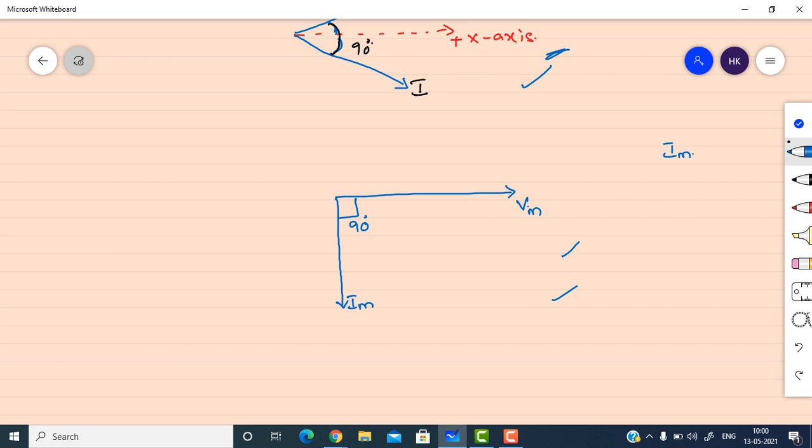So any one of the two quantities will be taken as a reference, and the remaining one we can draw whether it is lagging or leading. Suppose if current is leading, then how can you draw? Above the reference. If current is leading, you have to draw like this.